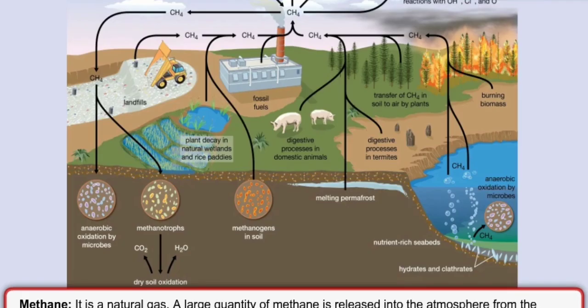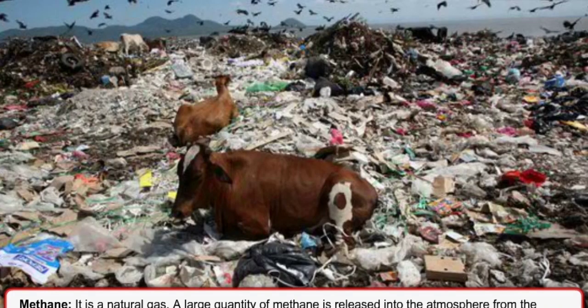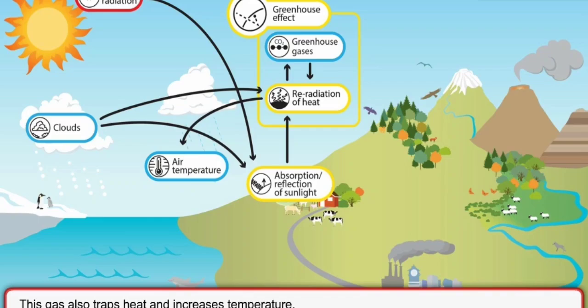Methane. It is a natural gas. A large quantity of methane is released into the atmosphere from the wastes of plants and animals. This gas also traps heat and increases temperature.